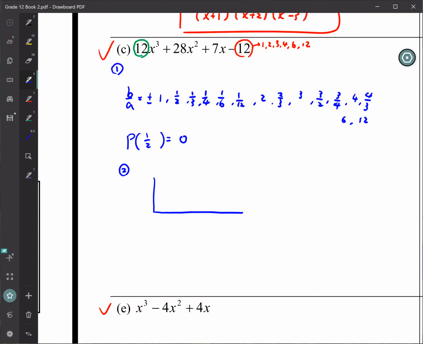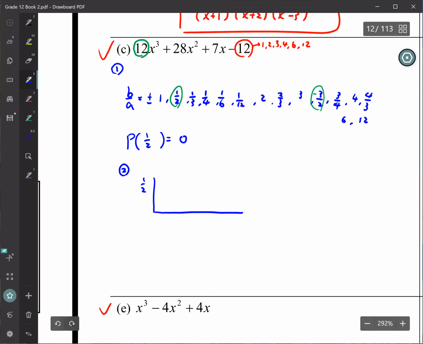Tiana, which one did you find? 1/2. Cindy, how about you? Negative 3/2. Okay, I'll write it on the side and circle it. So 1/2, negative 3/2. Ray, which one did you find? 1/2. How about Donna? Same. Okay, so let's try with 1/2 first.